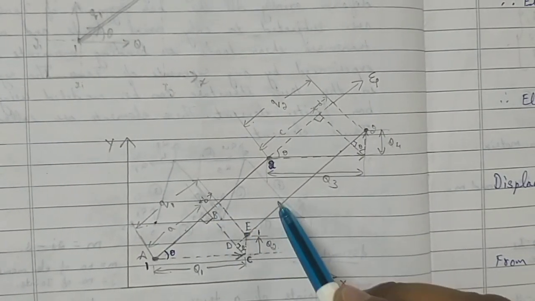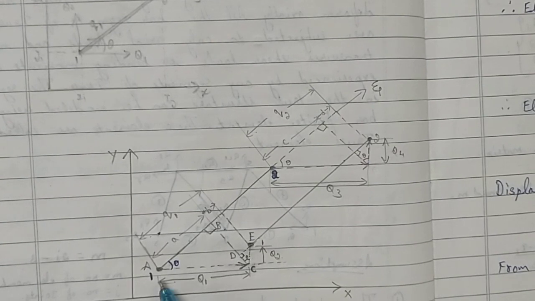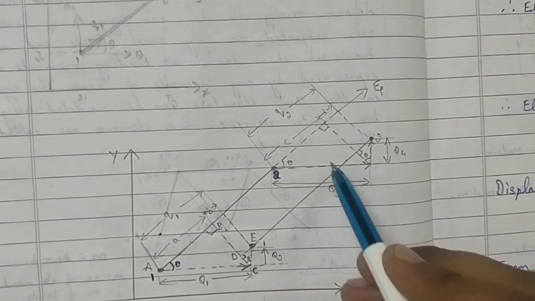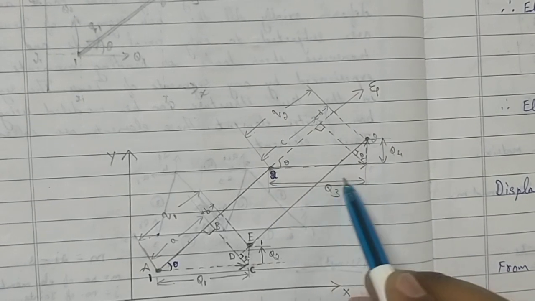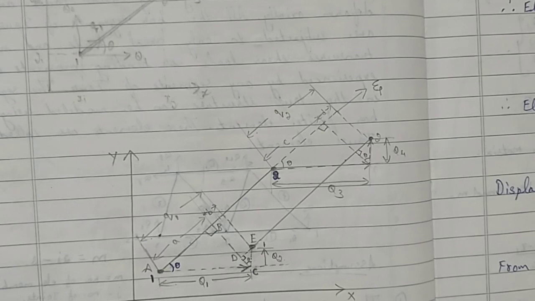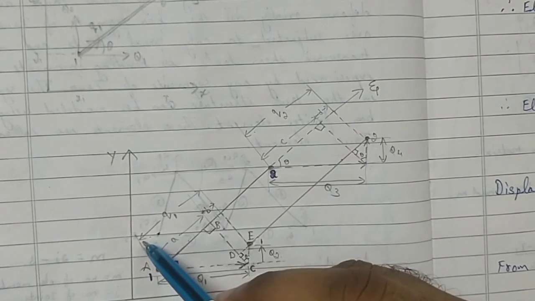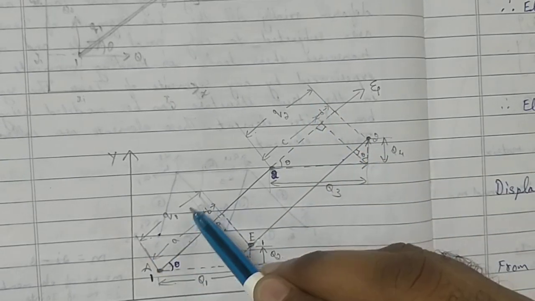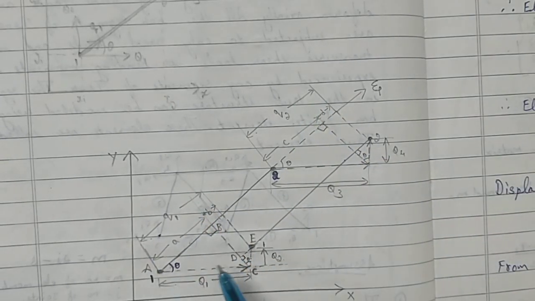So when it moves like this, in the global coordinate it has moved q1 and q2. Similarly, at this point, it has moved q3 and q4. Next, in the local coordinate, it has moved small q1 and small q2. But in order to represent the small q1, how will you write?